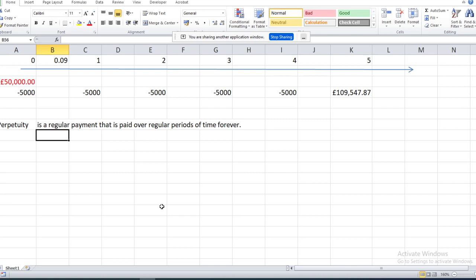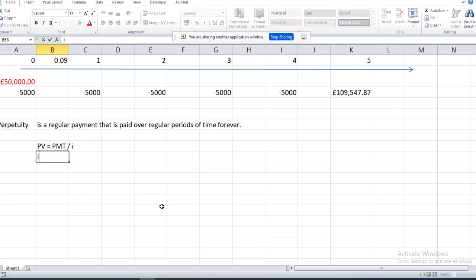This is the only formula where you probably have to take note of the formula. Okay, the formula here is that present value of a perpetuity is going to be equal to the regular PMT divided by the interest rate. Okay, there's the formula. And of course you can rearrange this formula, right?